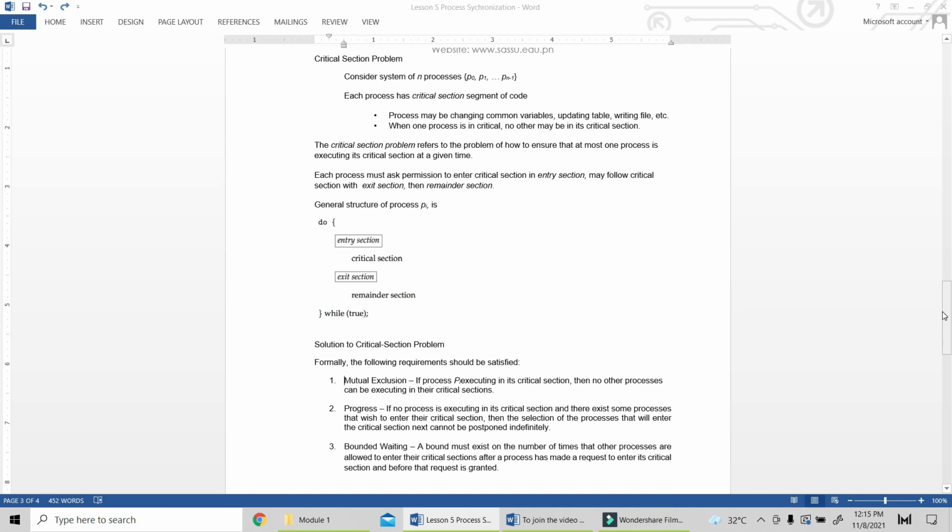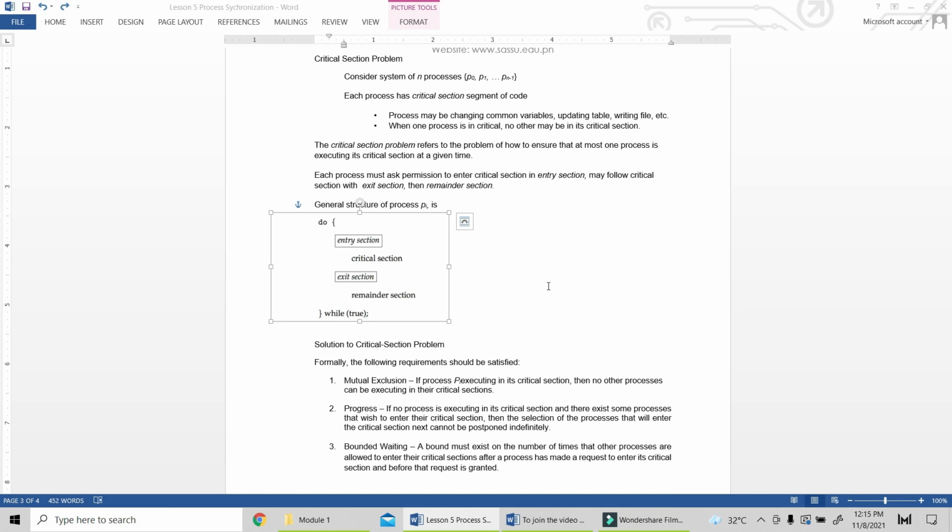So this is actually a snapshot of a flow, or a certain rule to follow whenever a process accesses a critical section or is operating in a critical section.